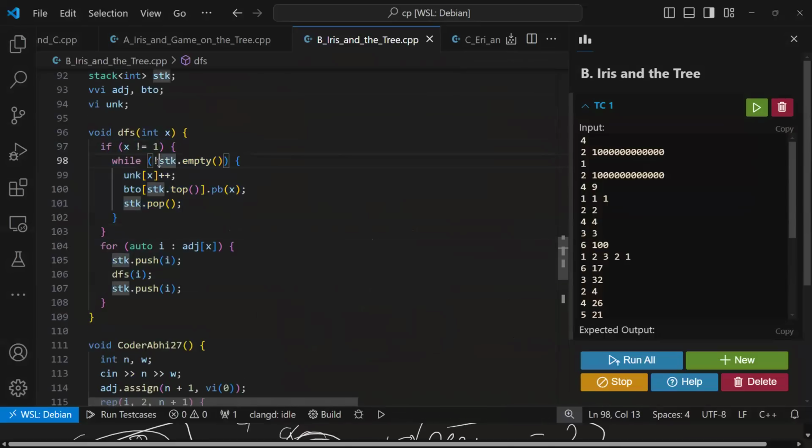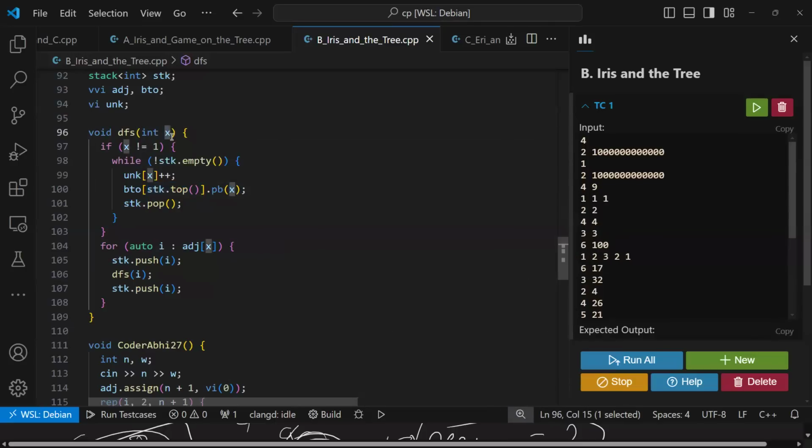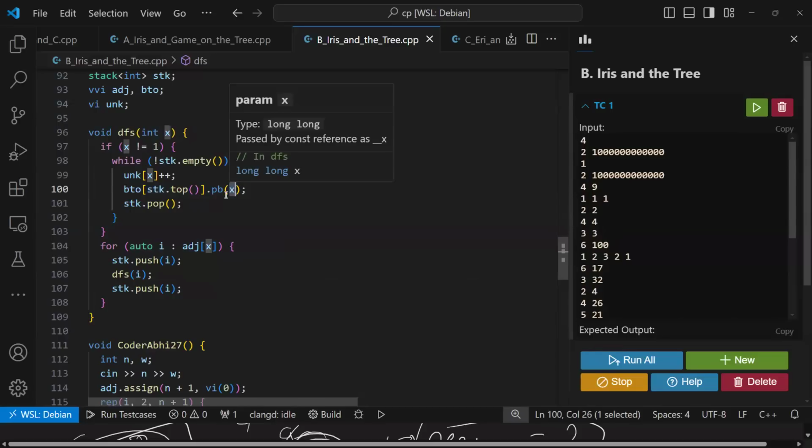What I'm doing, I'm emptying this stack. So all those edges that were in the stack, those edges belong to X. X is my node. So Dx, basically I'm saying that all those edges belong to the distance between X and X minus 1. So Dx represents the distance between X and X minus 1. So belongs to of stack dot top dot pushback X.